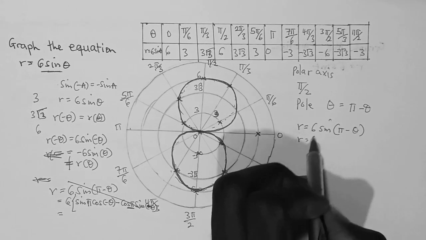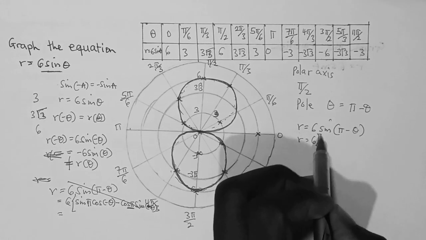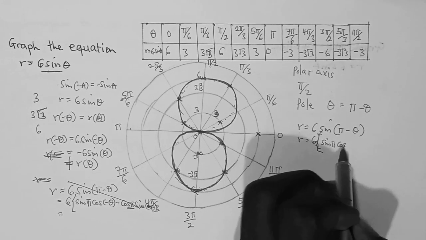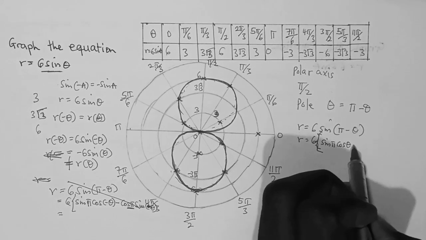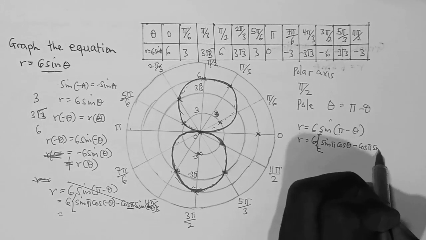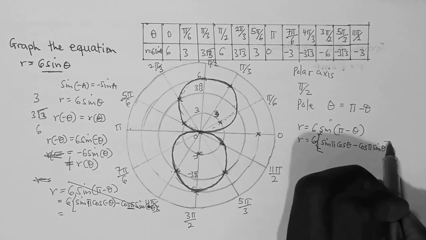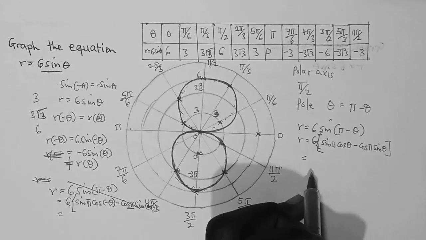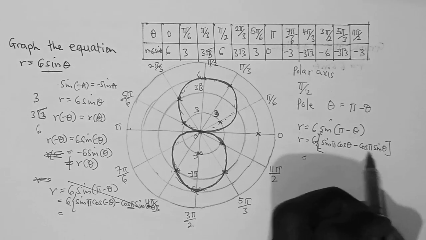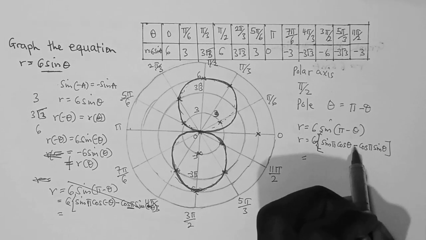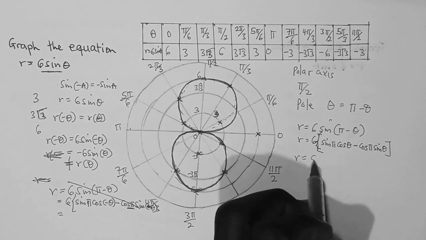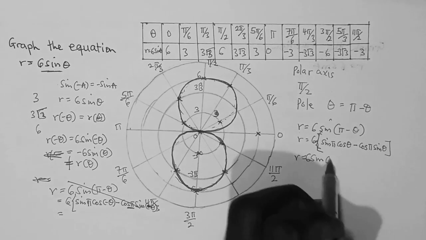So r is equal to 6, then we have sine pi cos theta, minus cos pi sine theta. And sine pi is 0, so all of this becomes 0. Cos pi is minus 1, so minus minus 1 is 1. So r is equal to 6 sine theta.